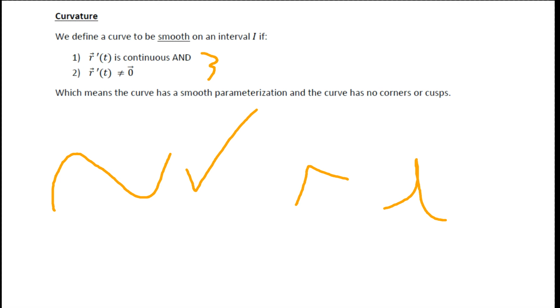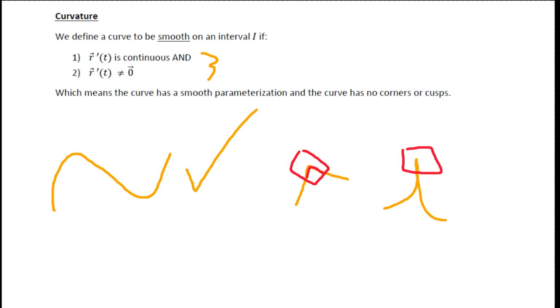And why would this be an issue in terms of curvature? Well, let's say I do have a function with a corner. This is a corner. What's going to happen if I zoom into that corner? The concept of local linearity. The corner is going to look exactly like a corner when I zoom in. And the same thing with a cusp. If I zoom in onto a cusp, it's going to look like a cusp.